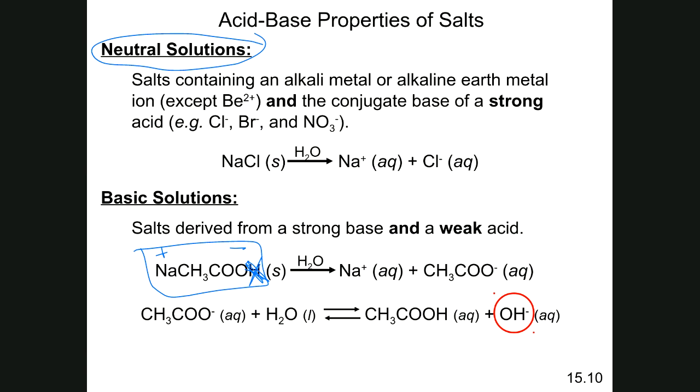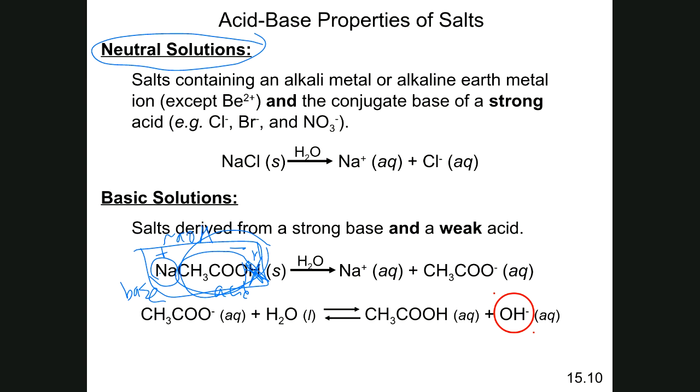So it's sodium acetate. The metal is coming from a base, and this part is coming from an acid. How can I change them? I'm going to say NaOH: add the OH to this, it's going to be the base. Add H to this one, it's going to be the acid.